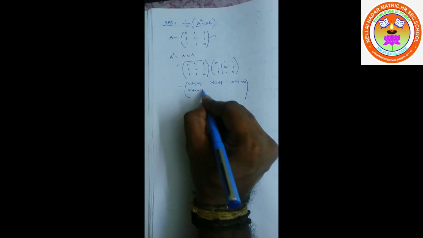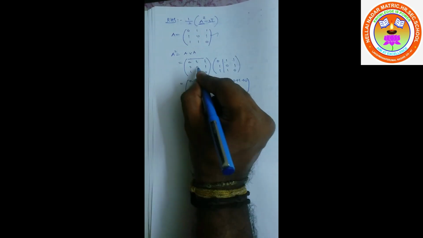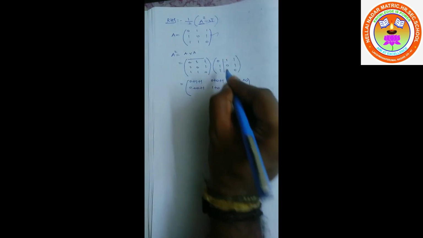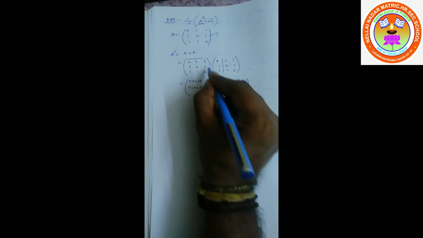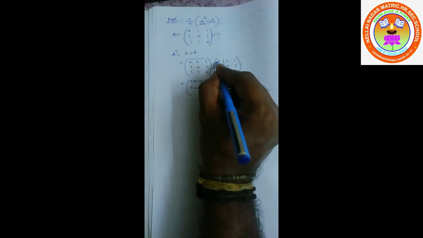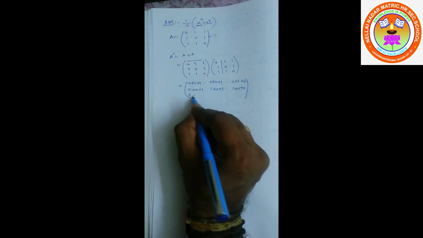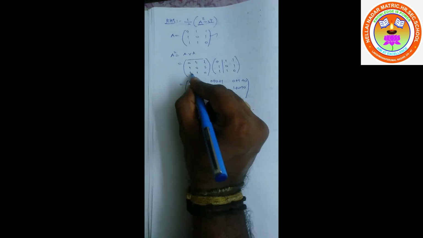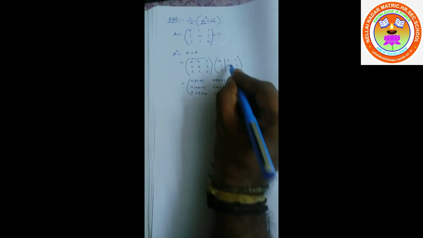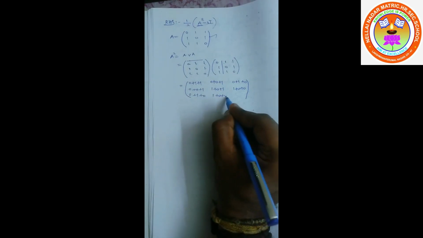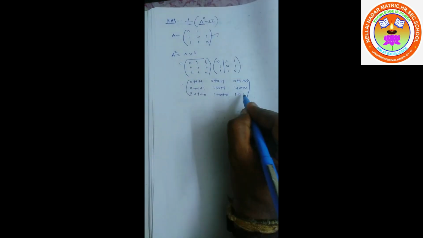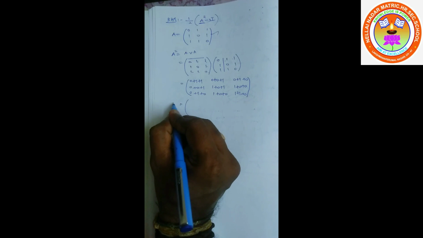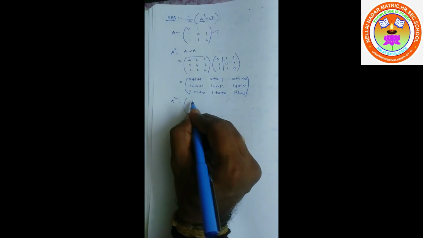Next, second row, first column. 1 into 0, 0. 0 into 1, 0. 1 into 1, 1. 1 into 1, 1. 0 into 0, 0. 1 into 1, 1. 1 into 1, 1. 0 into 1, 0. 1 into 0, 0. 1 into 0, 0. 1 into 1, 1. 0 into 1, 0. 1 into 1, 1. 1 into 0, 0. 0 into 1, 0. 1 into 1, 1. 1 into 1, 1. 0 into 0, 0.